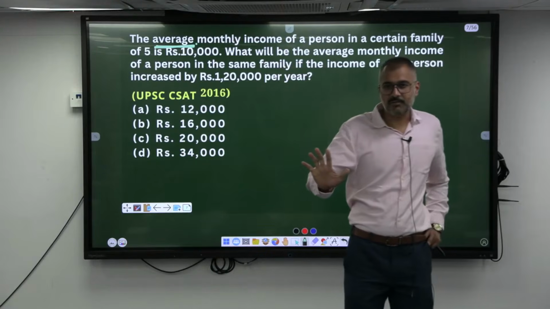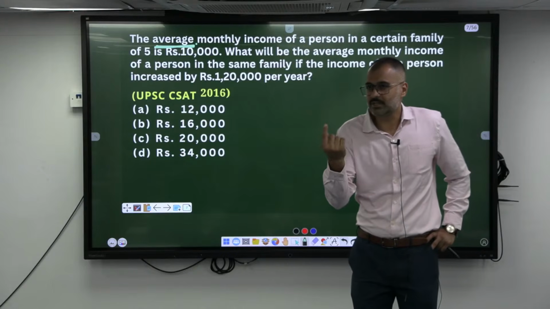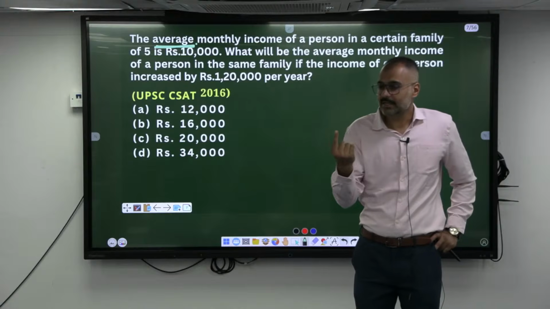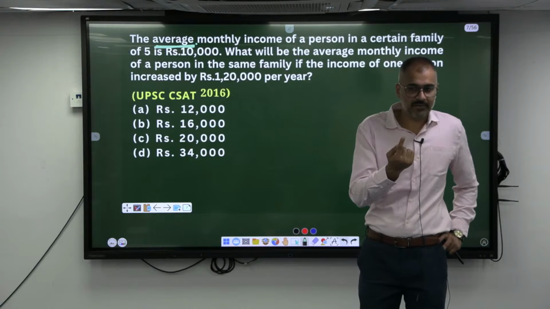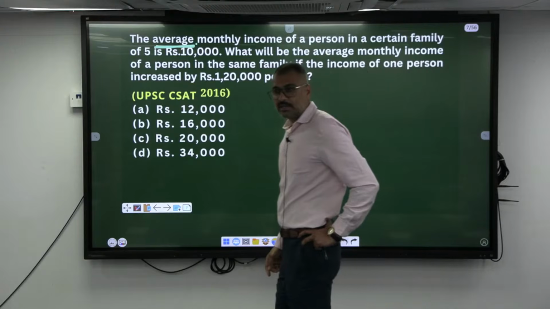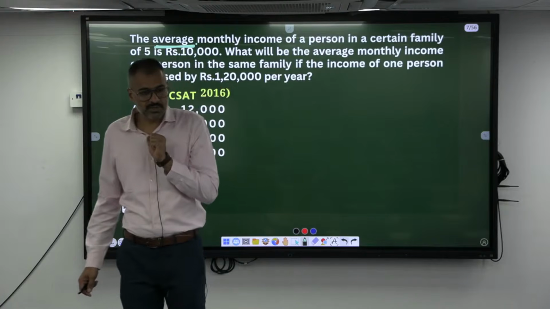What is the average monthly income of a person there? Average is always per person only. Individually they are earning 10,000. So 5 people's total salary will be how much? 50,000.